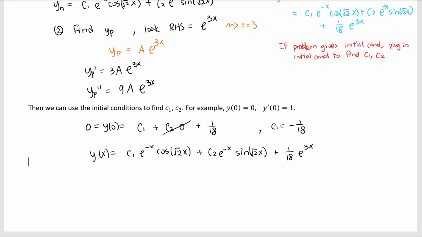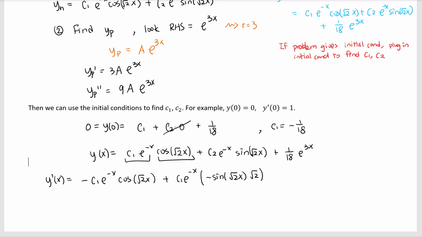When we differentiate, this is a product: the derivative of the first guy, which is minus c1 e to the minus x, times the second guy, plus the first guy times the derivative of the second guy, which is negative sine square root of 2x times the derivative of the inside, square root of 2.